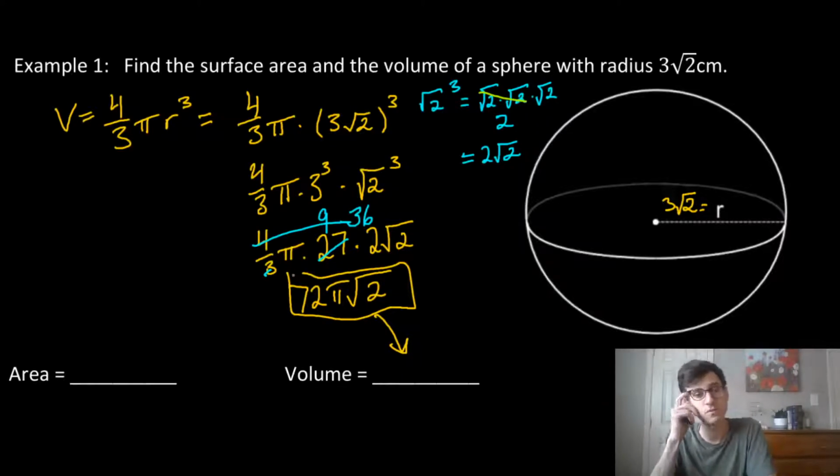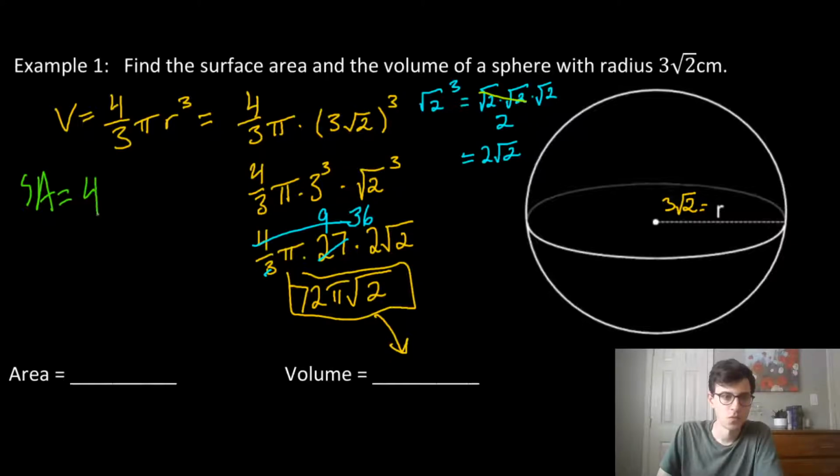Okay, and then the surface area is 4 pi r squared. So, well, that's pretty straightforward, right? 4 pi times 3√2 squared.